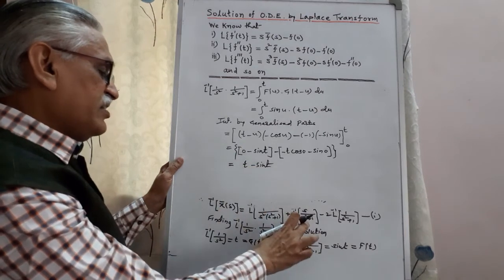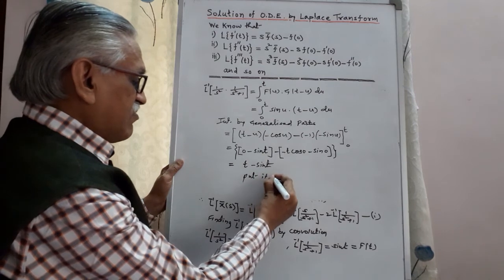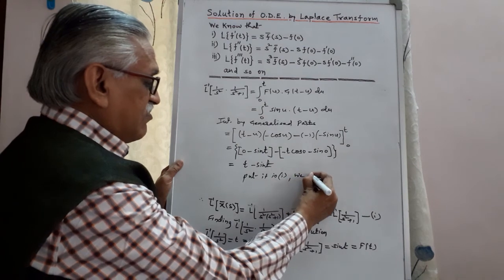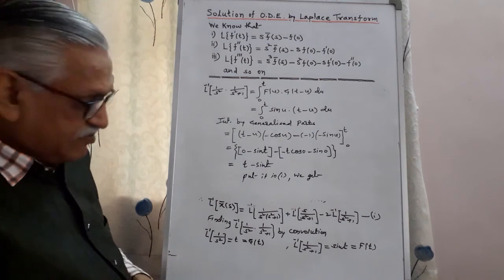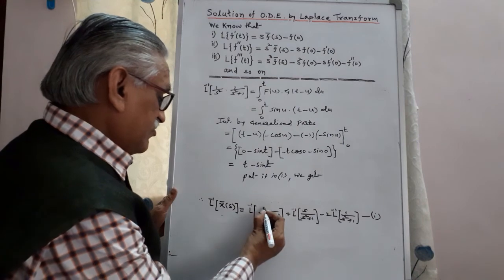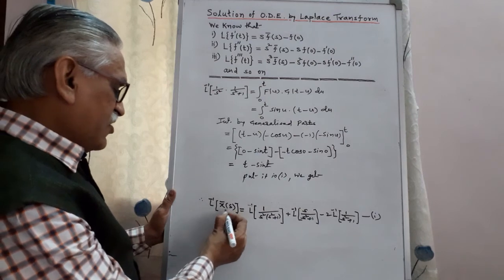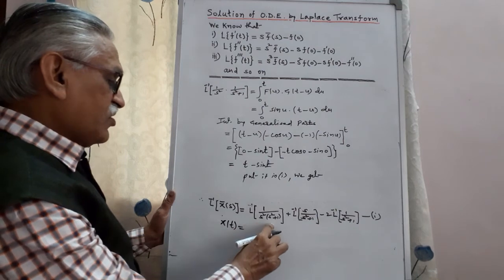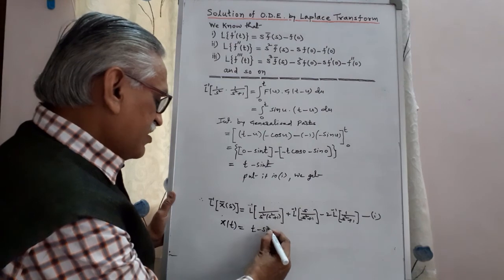Substituting that value in equation 1. Therefore, inverse of x bar of s is x of t. Inverse of this term is t minus sin t, obtained by convolution theorem.